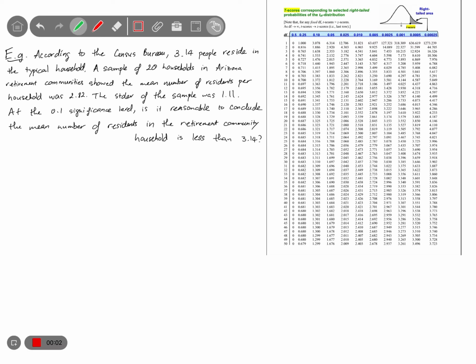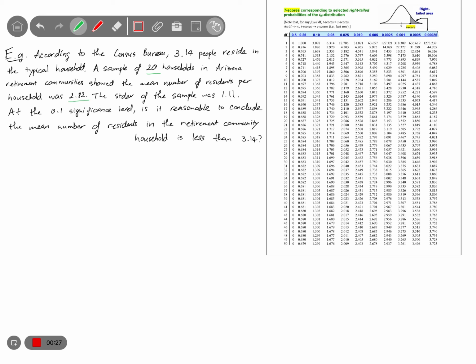Alright, so now let's look at another example. According to the Census Bureau, 3.14 people reside in a typical household. We have a sample of 20 households in Arizona retirement communities, and the sample showed the mean number of residents per household of 2.82.